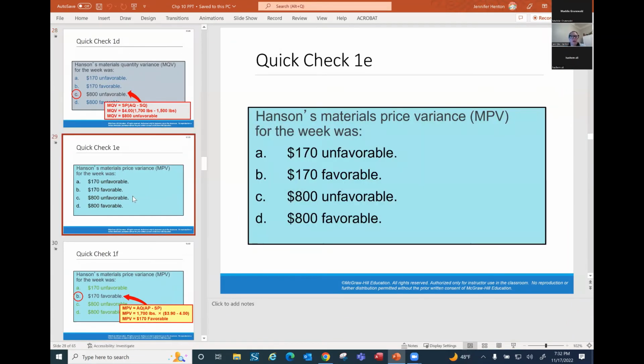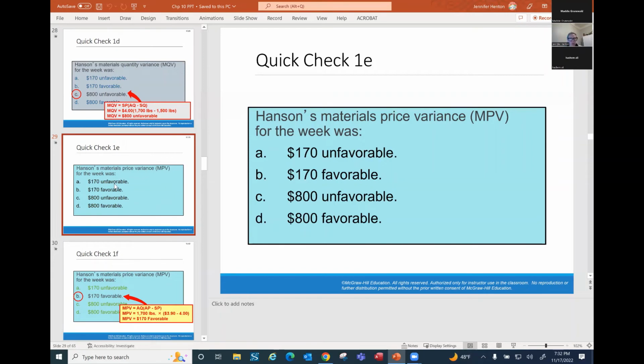And then it says Hansen's material price variance for the week was. So we have to look to see what was our actual price and our standard price. We had a total of $66.30 is what they told us. They told us they purchased 1,700 and the total price was $66.30. Well, in order to calculate what that is per unit, you have to divide.